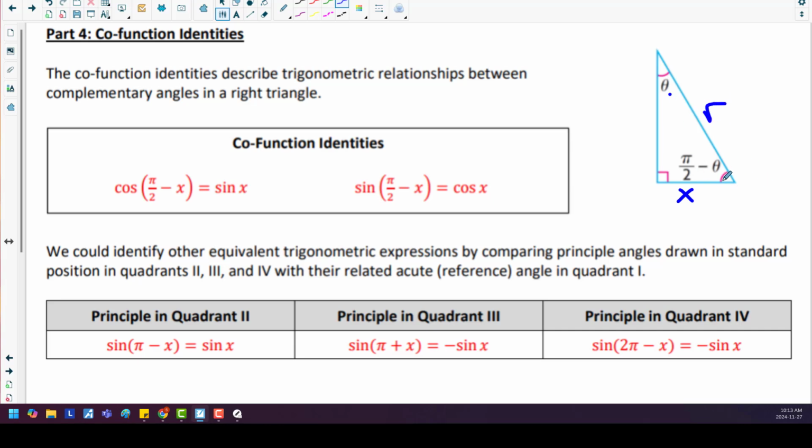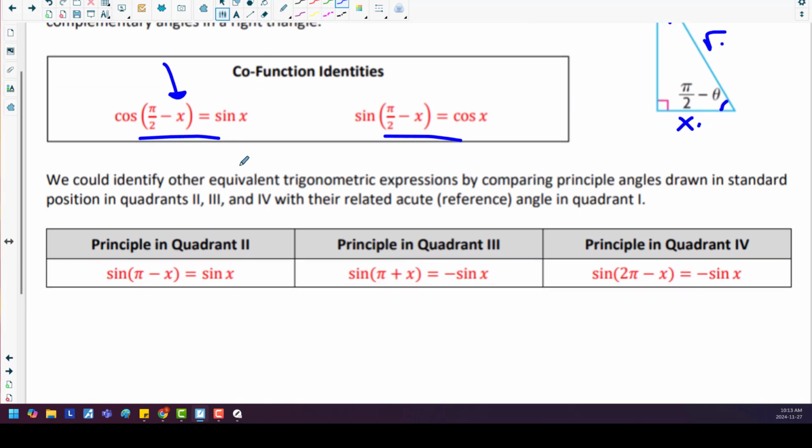If I were to take the cos of this value here, that would also be x over r, because the adjacent value would be x and hypotenuse would be r. So what they're saying is sine theta is the same thing as cos pi over 2 minus theta, which is right over here. And similarly, if you're doing it with sine, pi over 2 minus theta is the same thing as cos theta. So these things are your cofunction identities.